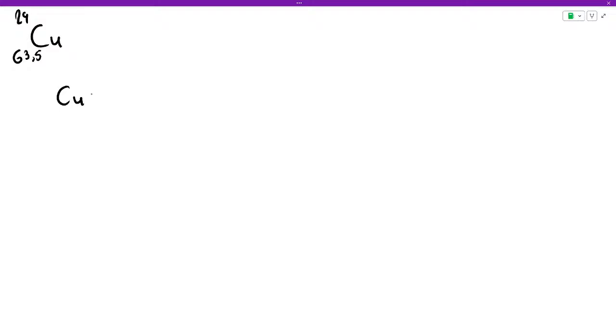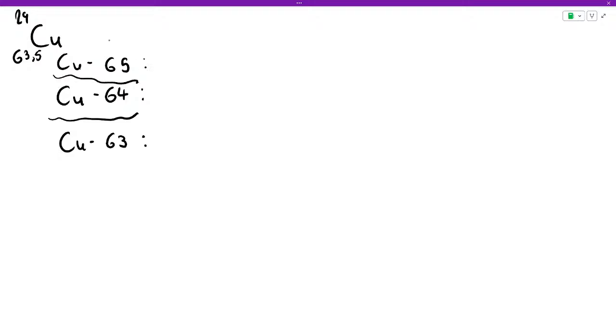In its normal state, the most common is copper 64. You do get copper 63 and copper 65. These are the different isotopes of copper. And then the percentage abundance of them is, let's say this is 10%, this is 50%, and then this is 40%.